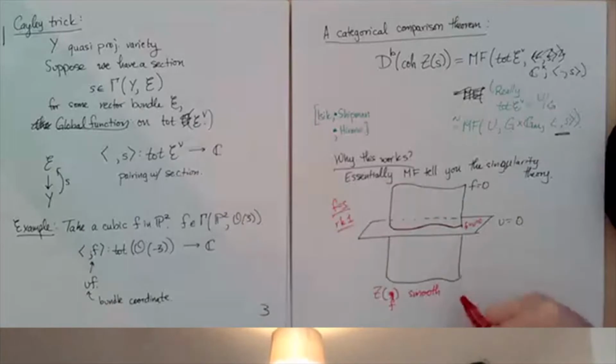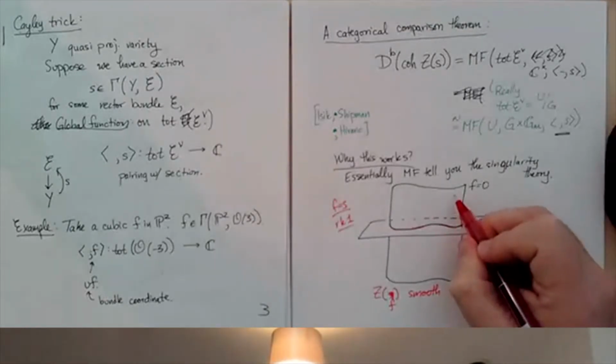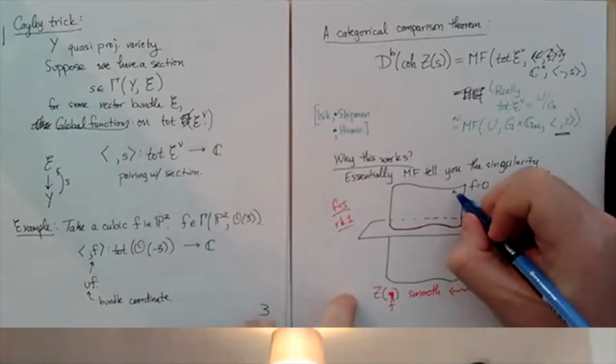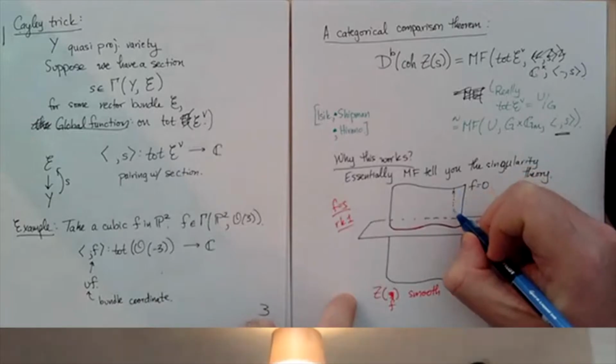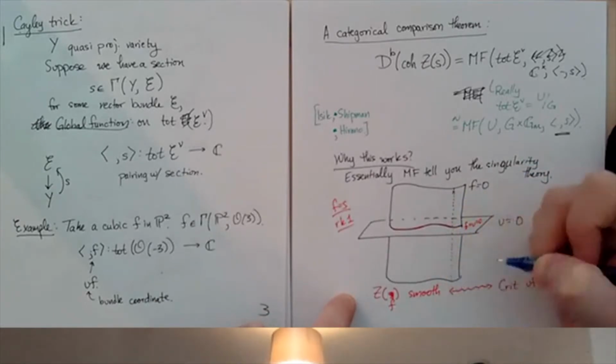So what this is equivalent to is whether the critical locus of the pairing UF is proper. If it weren't smooth, then I would have some critical point, maybe I'll do this in blue, but then that would be critical no matter what U was. And then I'd have a C worth of this and it wouldn't be proper, right?